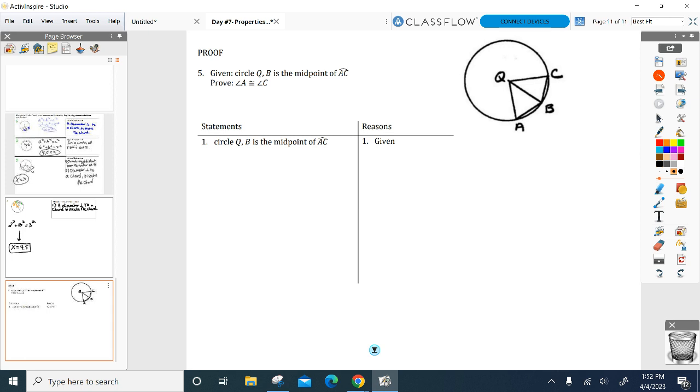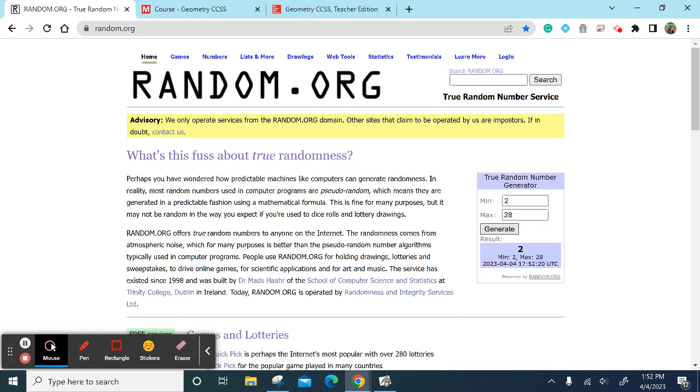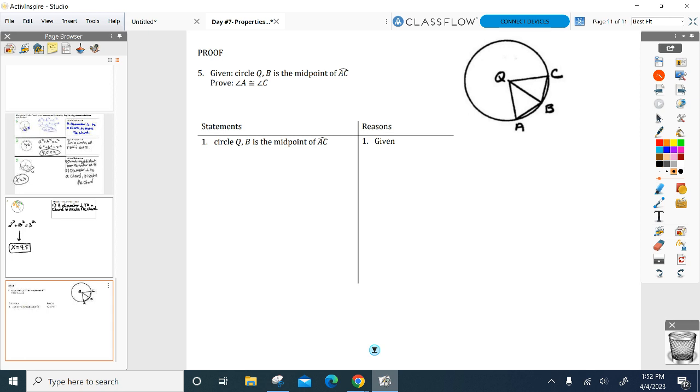Yep. I'll try. What is true about my diagram? One thing that's true. QB, QB. That guy.